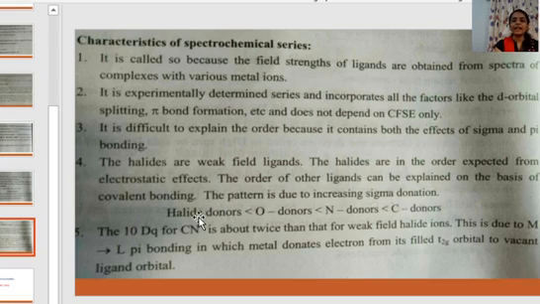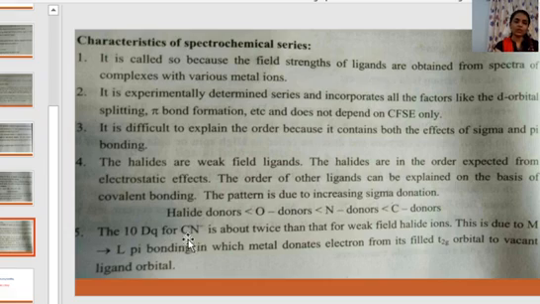Moving from halide to carbon, that is, halides are more electronegative and carbon is comparatively electropositive, the sigma bonding increases, that is, sigma donation increases. Hence, the order is also increasing, that is, carbon ligands are strong field ligands, then nitrogen, then oxygen, and then halide.